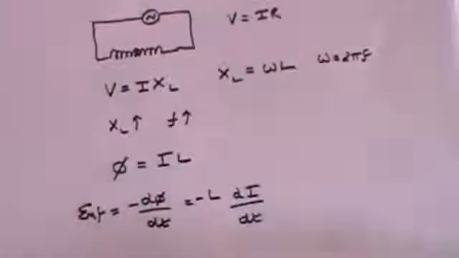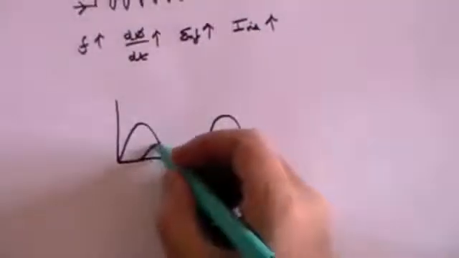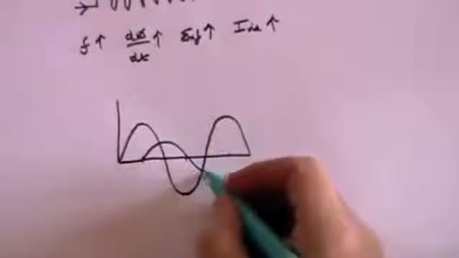Now there is something else that we can note by experiment, and that is that if we look at the voltage and the current going through the inductor, here is the voltage again, sine wave from the alternating current supply. What happens to the current on this occasion? Well, this time the current lags behind the voltage.